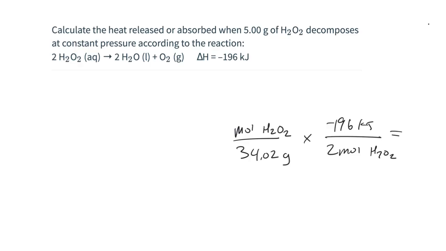We'll again think about the sign in a minute, but for now I'm just going to keep whatever the sign is for the delta H. So 5 divided by 34.02 times negative 196 is negative 28.8.